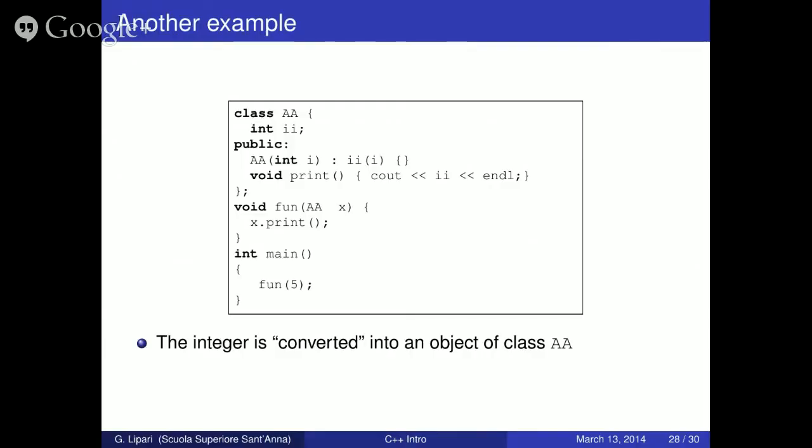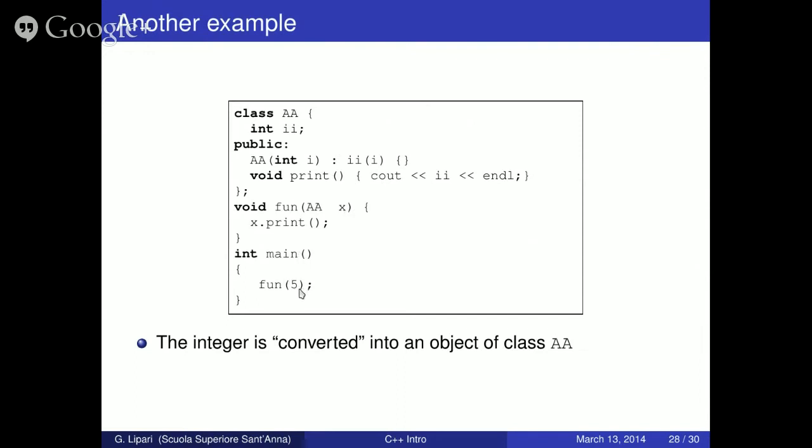Okay? Let's make another example. Suppose you have a class AA which has a constructor which takes an integer. Okay, very simple and also very common. And suppose you have a function which takes an object of type AA by copy. Then in the main you call fun of 5.